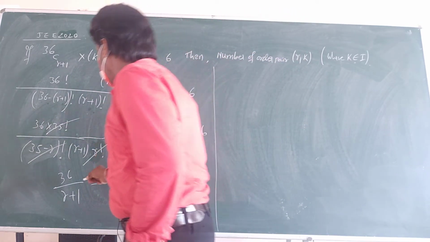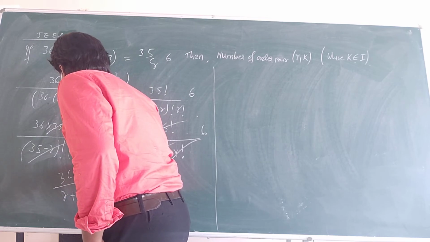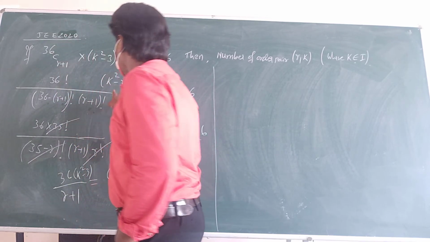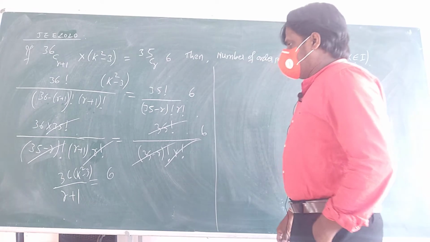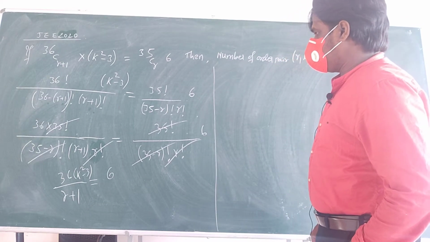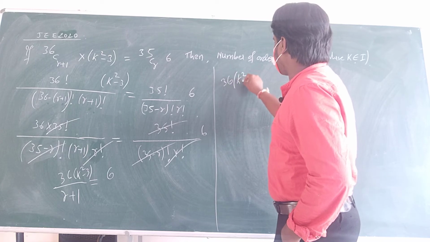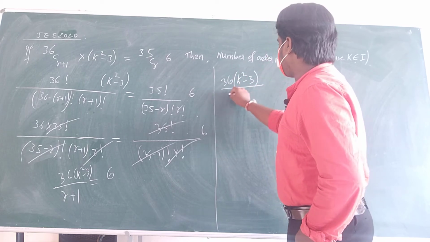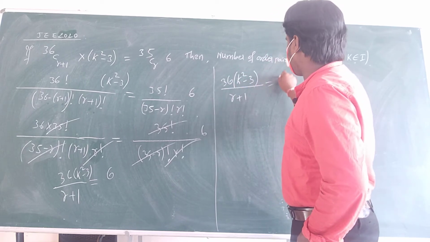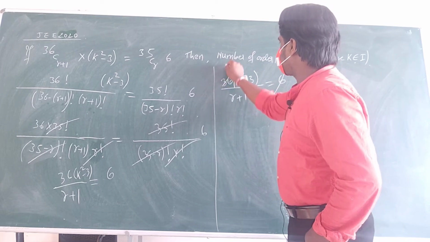into (k square minus 3) is equal to 6. So 36 into (k square minus 3) divided by (r plus 1) is equal to 6. Six sixes are 36, so the 6s cancel out.